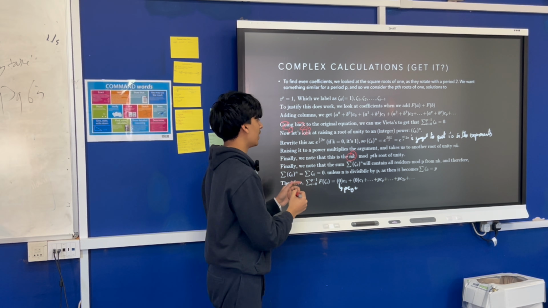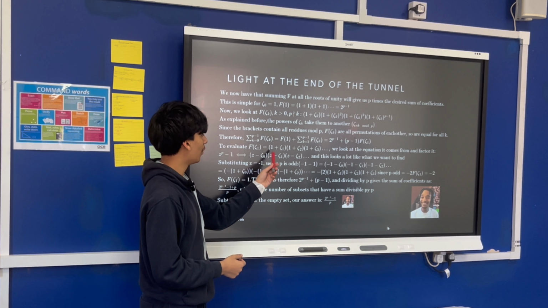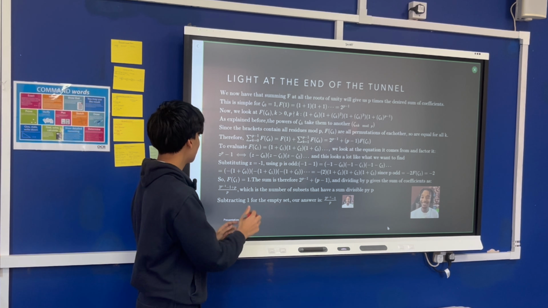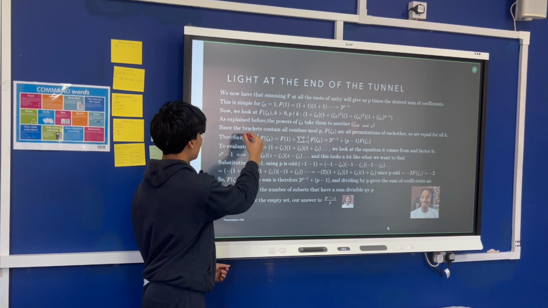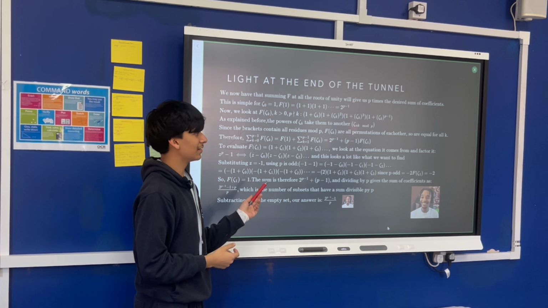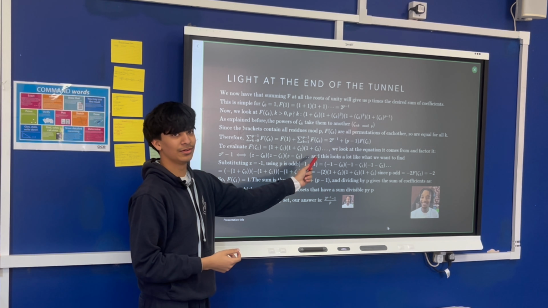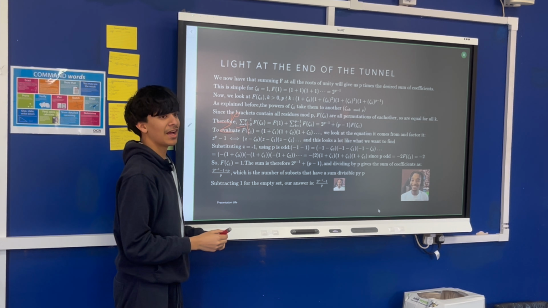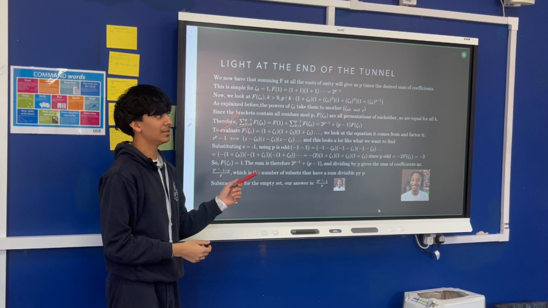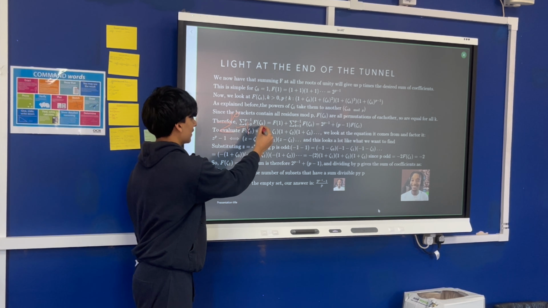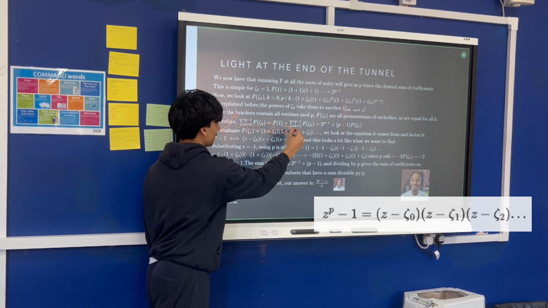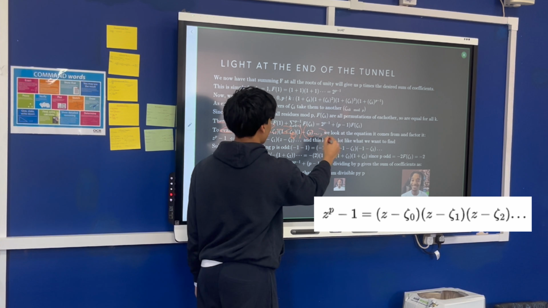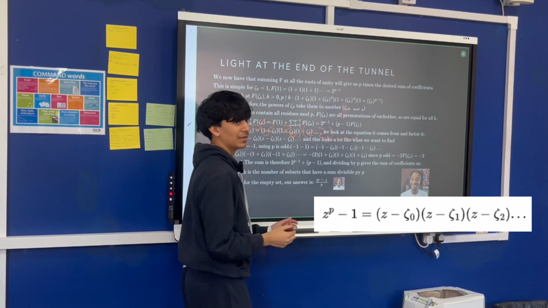So we're trying to find the product of 1 plus zeta 1, and so on, right? To do this, we go back to z to the p minus 1, minus 1, and we use the fact that these are all the solutions. If you have the solutions to a polynomial, you can factor it as z minus zeta 0, z minus zeta 1, and so on.